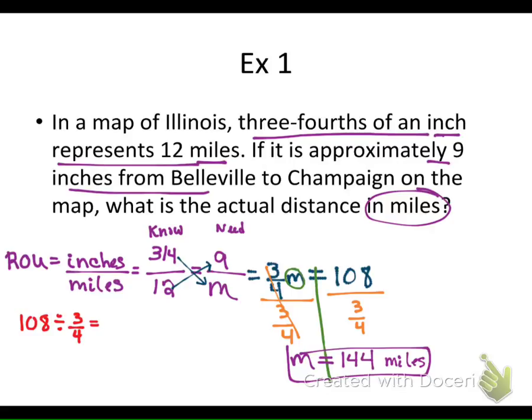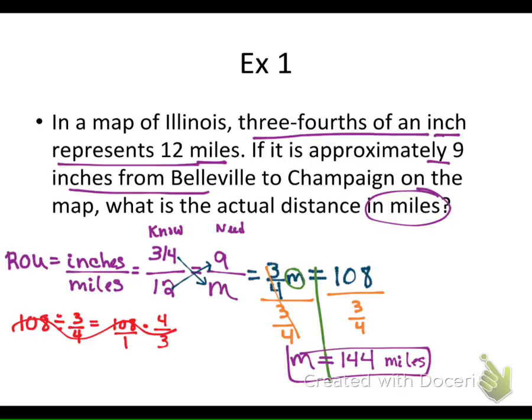KFC. Keep, flip, and change. So how do I make 108 a fraction? Put a 1 under it. You guys remember how to do that now? All right, you don't have to do all that. You can use your calculators.